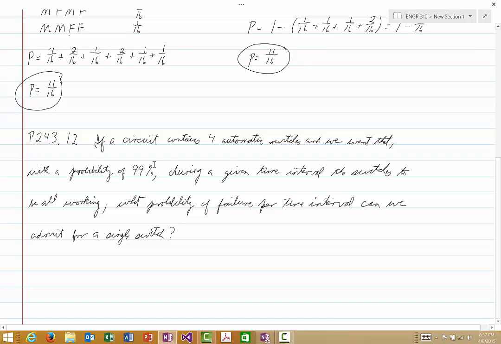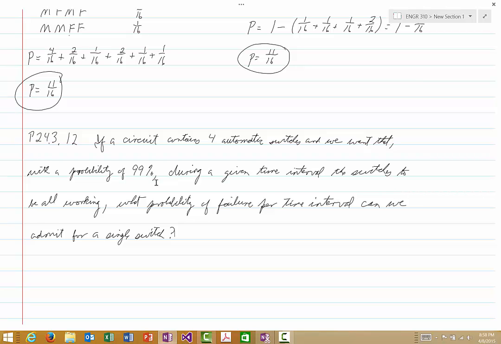But if the probability of a single one not failing is 99%, then because if any one of the 4 fails, the circuit fails, the probability that all 4 will work during the entire time will be less than 99%.